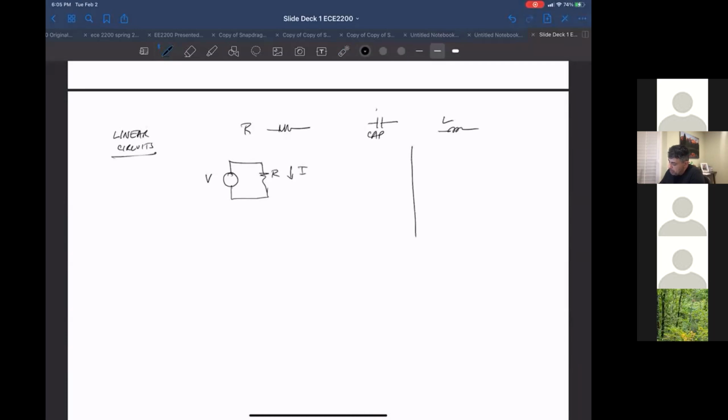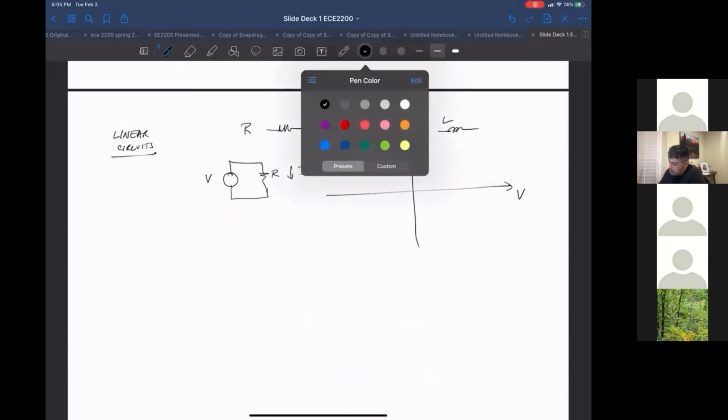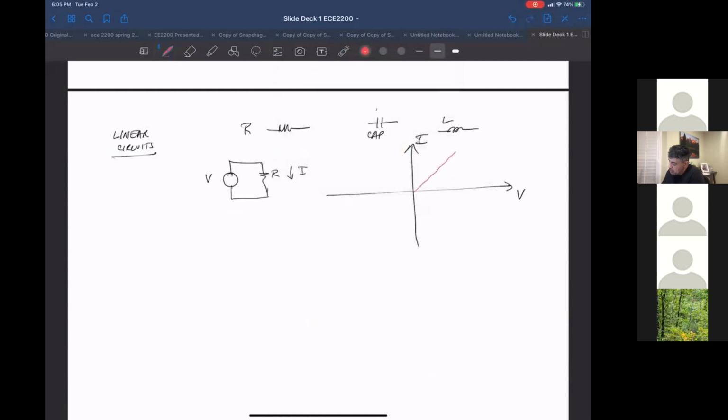If I plot that, voltage here, current here, I would get a slope. From this equation, V is equal to IR, or I is equal to V over R. So I'm plotting I as a function of voltage, and I get this line whose slope is 1 over R, just coming from this definition.